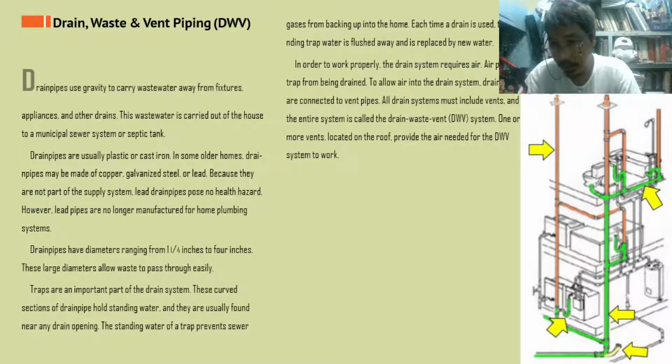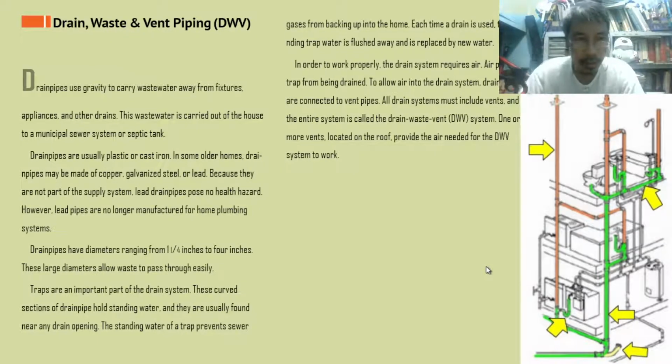The third arrow is the stack pipe, the fourth one is pointing to the trap, and the fifth one is pointing to a clean out. Those are some of the common components of DWV piping or system.